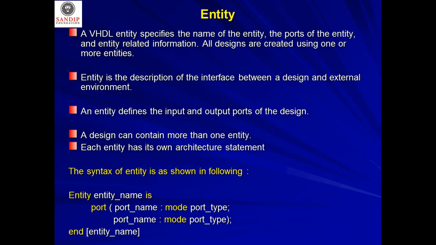Here in this syntax the words entity, port and mode are inbuilt constructs, and entity underscore name and port underscore type are user defined names. Every entity ends with the name of the entity.